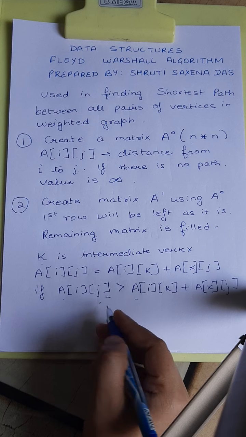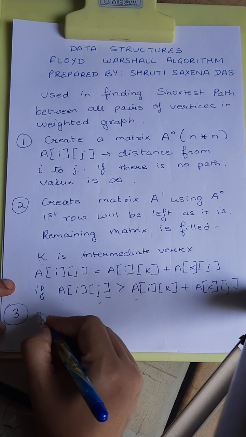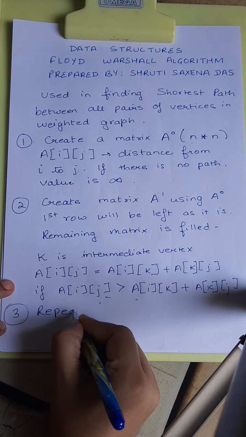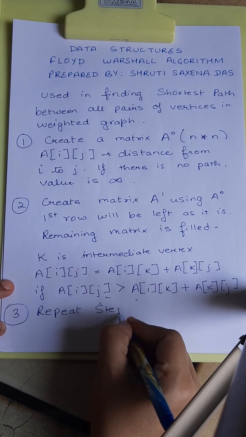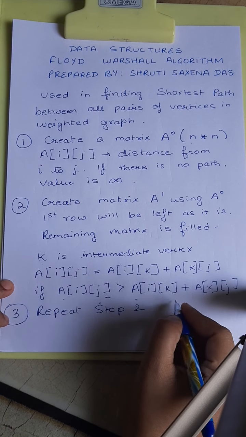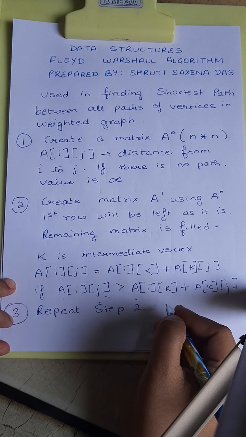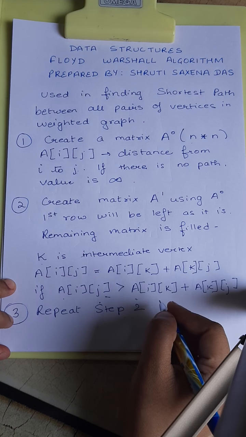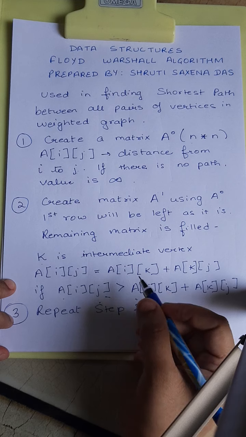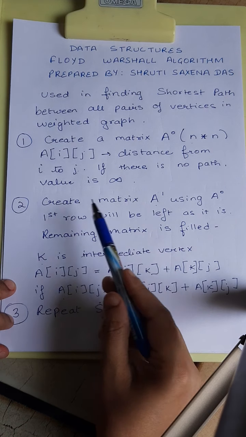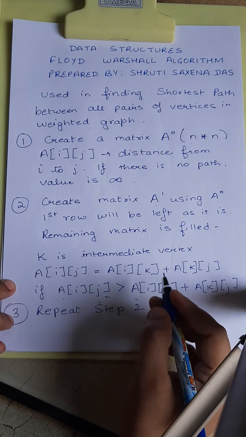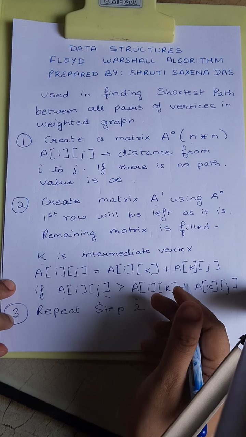So these two are the main steps, and we have to repeat step 2 until we get the shortest path. If suppose you are having 4 nodes, then in that case you have to run this loop till 4.